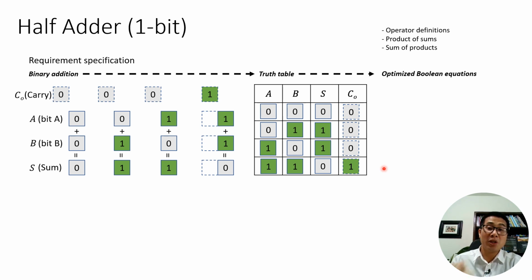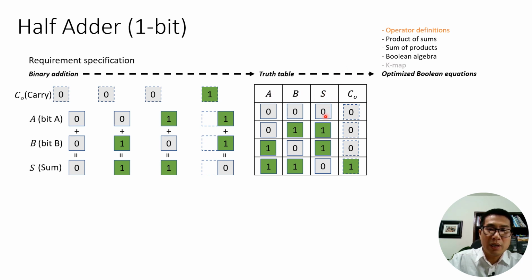And after having the Boolean equation, we should apply Boolean algebra in order to produce the minimal, simplified Boolean equation. Or we can also apply a K-map over here. In this case, we just simply apply the operator definition. We'll have S over here, with A and B as the inputs and S as the output.